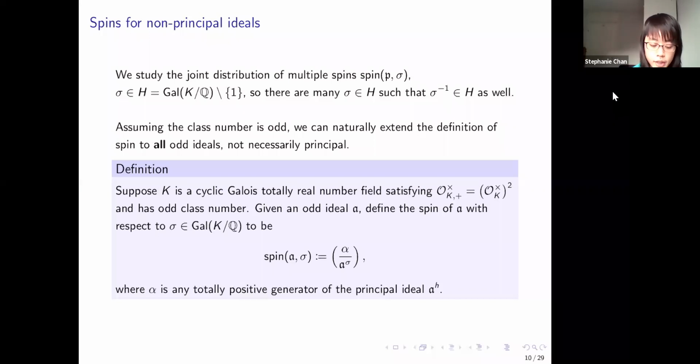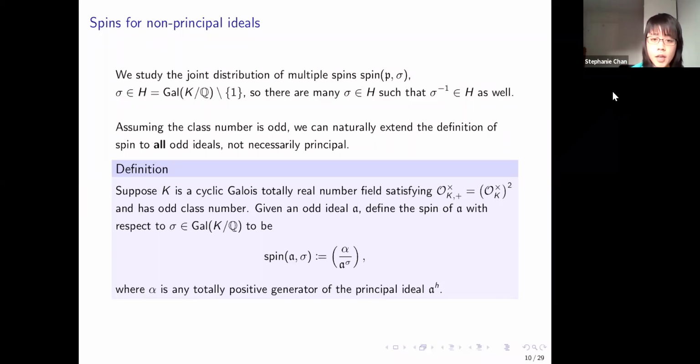Well, as before, we still assume the conditions that it has to be totally real, and that all the totally positive units are squares for this symbol to be well defined. So we now have this more general definition, but it only works for number fields with odd class numbers.